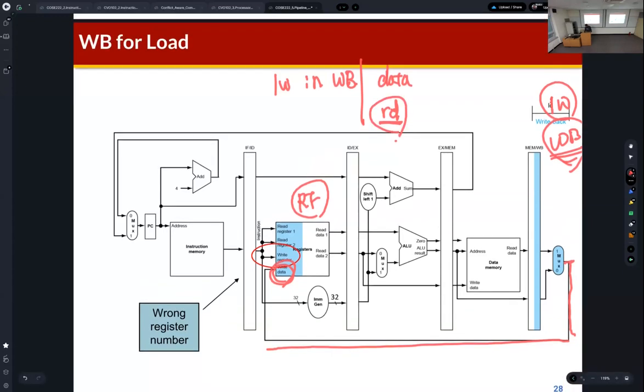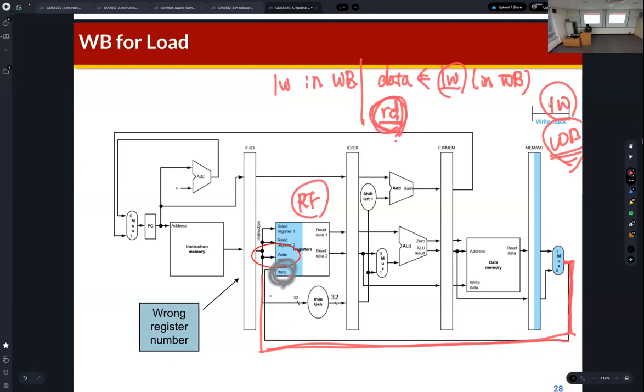So as you can see, the data is delivered to the write data port of the register file. This data is the data of load word, because load word is in the write back stage. But how about the RD?